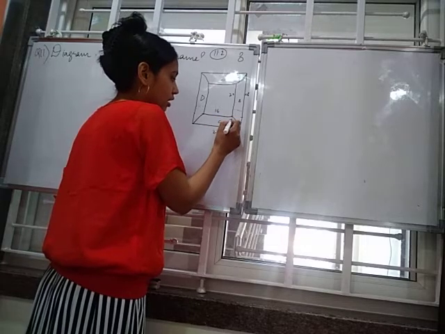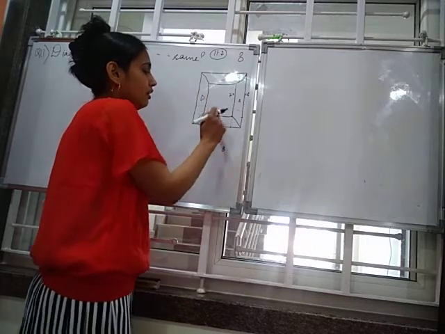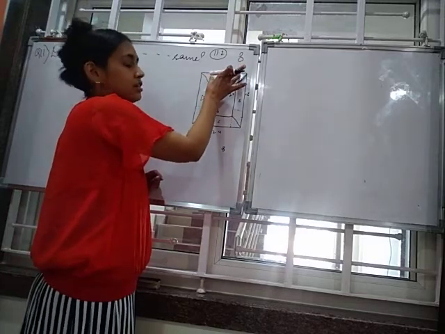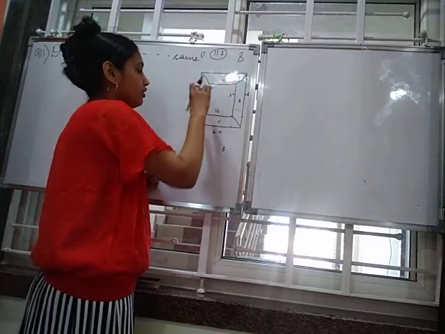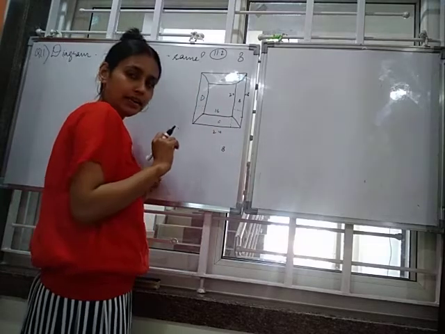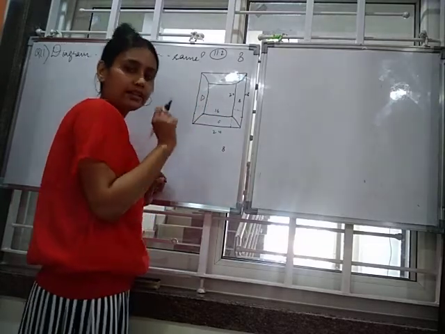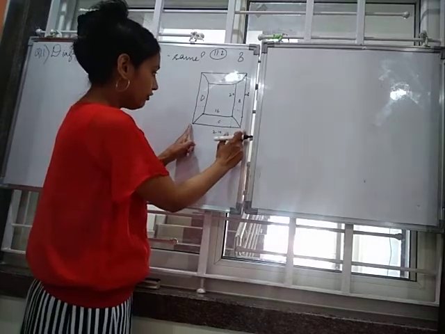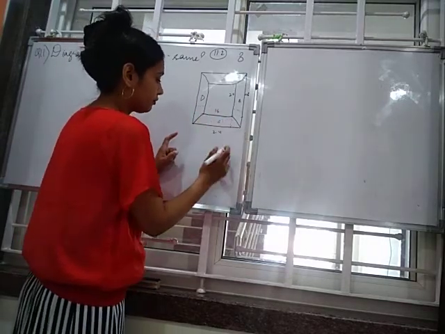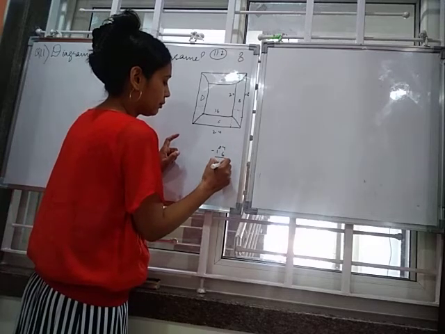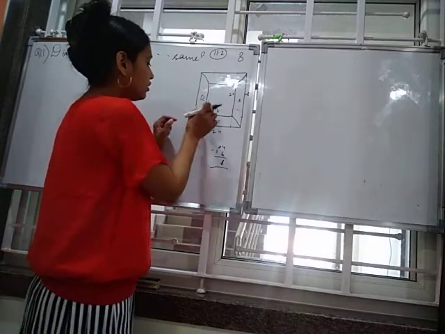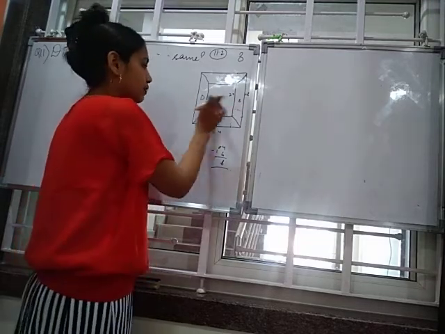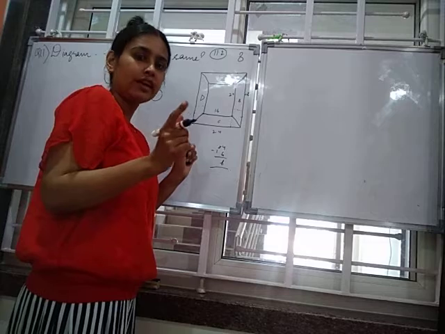Firstly, you can see I have divided the diagram into four parts, that is A, B, C, D. This is trapezium A, trapezium B, trapezium C and trapezium D. Now they all have widths equal, it is said. Now from this dimension 24, if we remove 16, we will get 8. So this plus this is 8. Correct? This plus this is 8 and they both are equal.